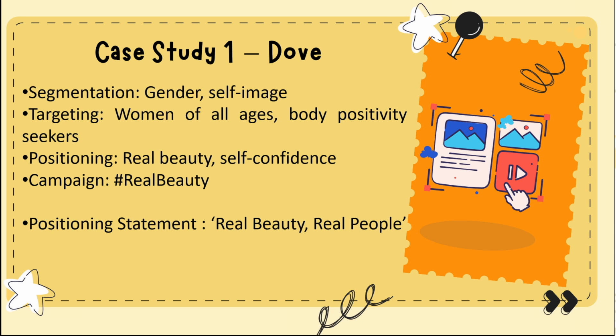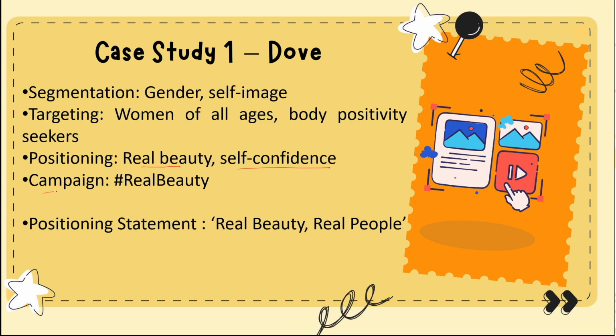They positioned with a campaign showing real beauty and self-confidence. It is not only the skin which provides real beauty, it is inbuilt in terms of self-confidence. They tried to position that segment of women altogether.